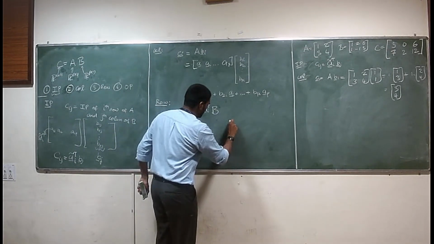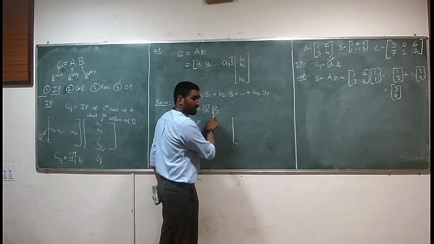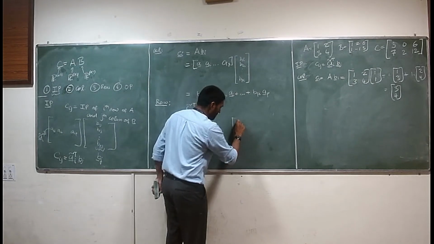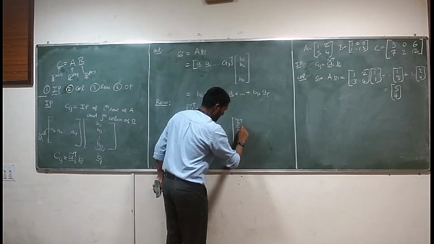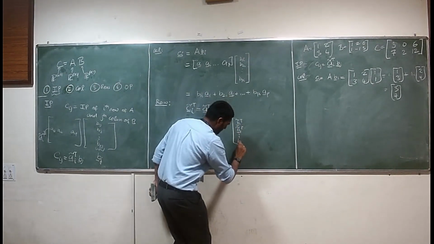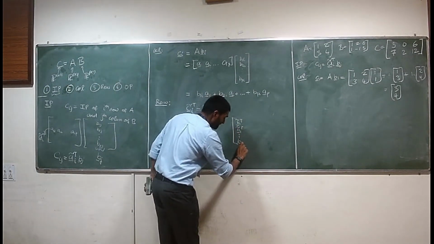So we can write B in block matrix form in terms of row vectors: B1 transpose, B2 transpose. How many rows do we have?